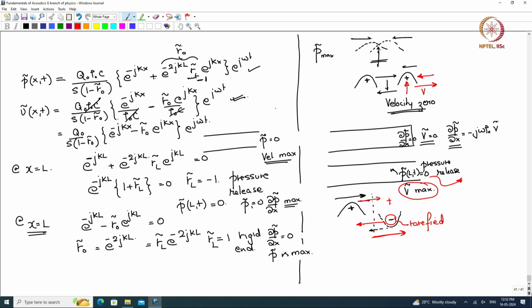Now let us see. I am going to look at the power condition, power in a 1D acoustic wave.